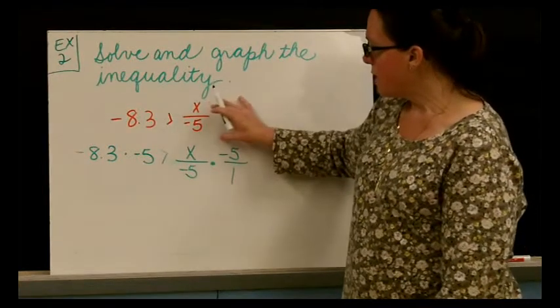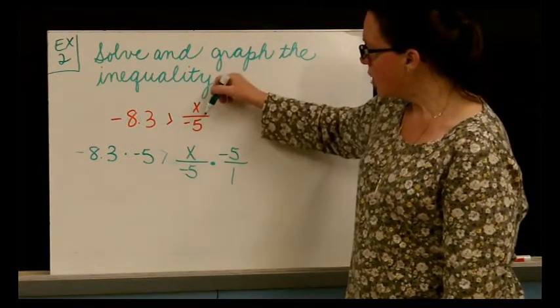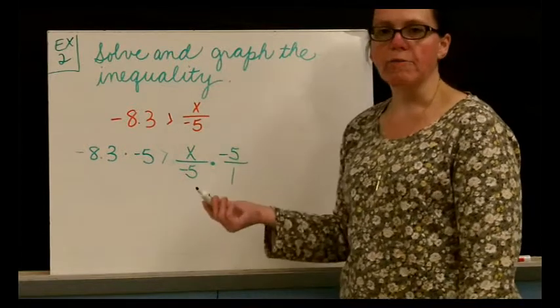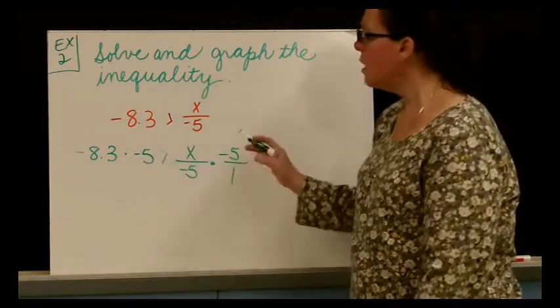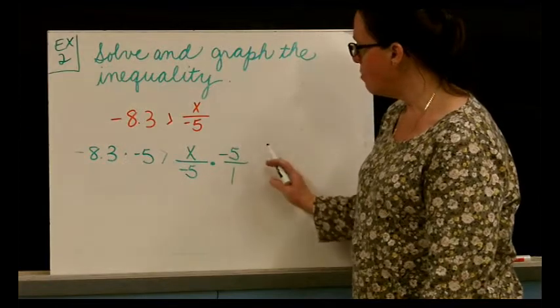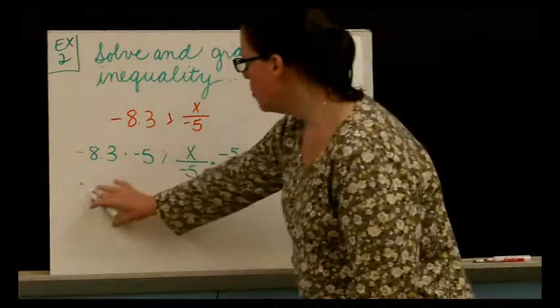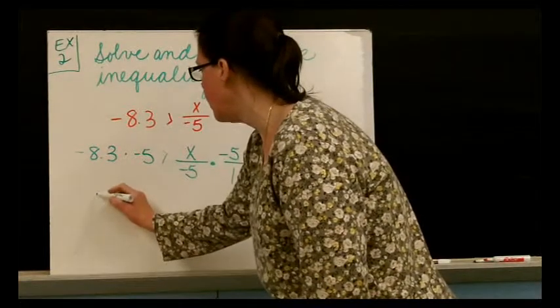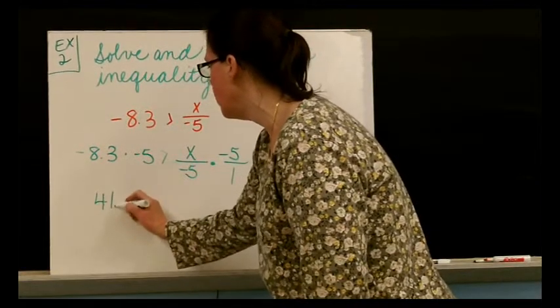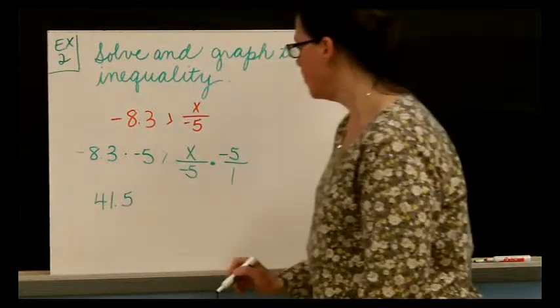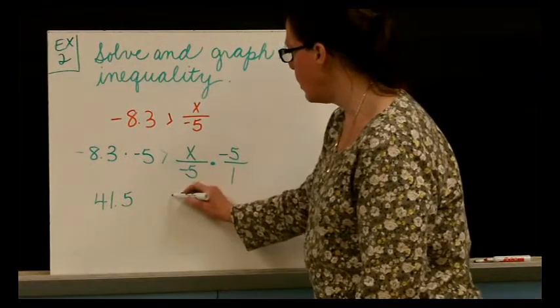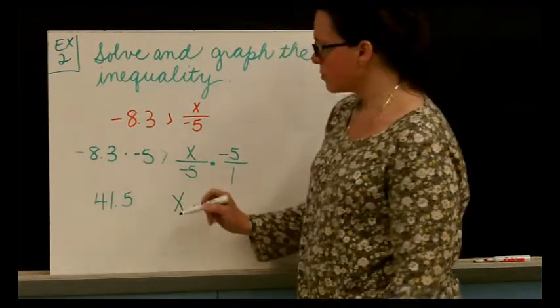In order to get the x by itself, since it's being divided by negative 5, we have to multiply both sides by negative 5. When we do, on this side we get a positive 41.5, and on this side we get our x by itself.